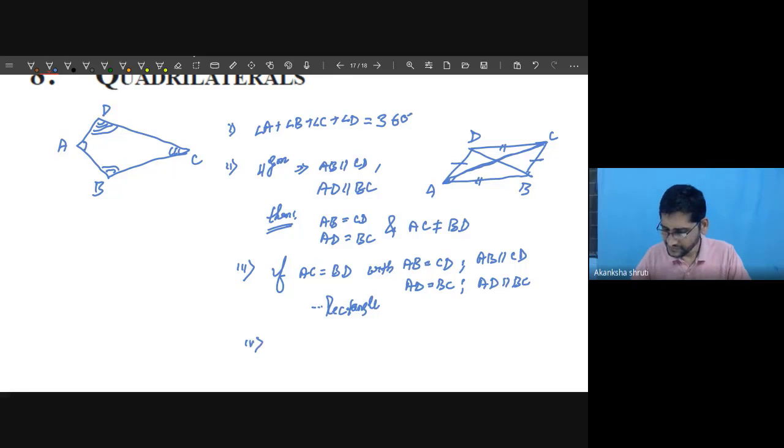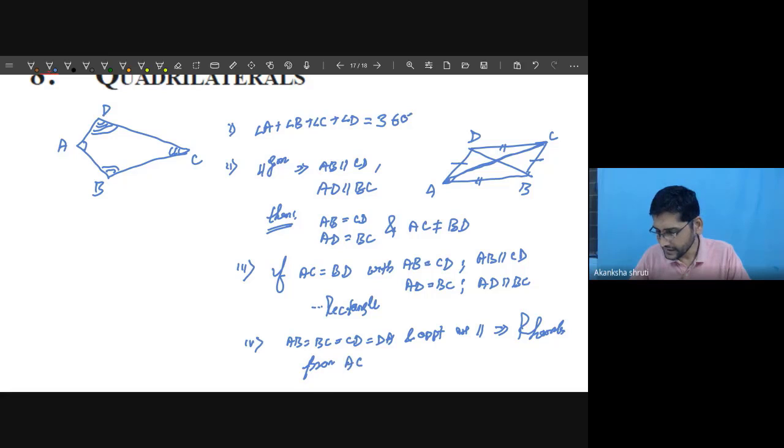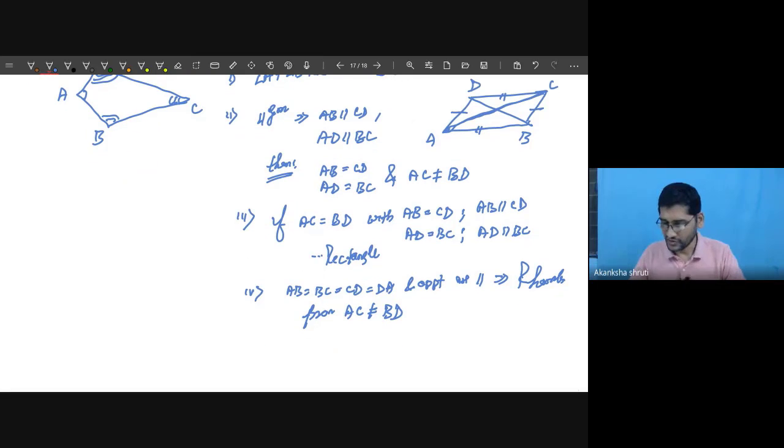If this AB is equal to BC is equal to CD is equal to DA and opposite sides are parallel also, then it is called a rhombus, provided AC is not equal to BD. Their diagonals are not equal.